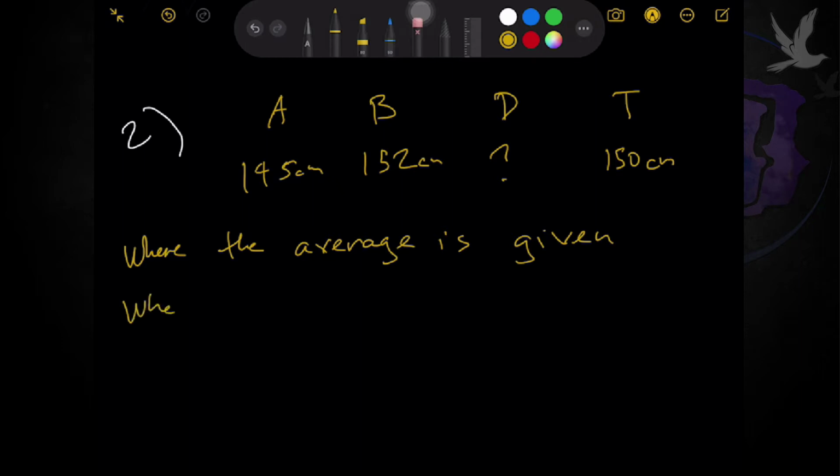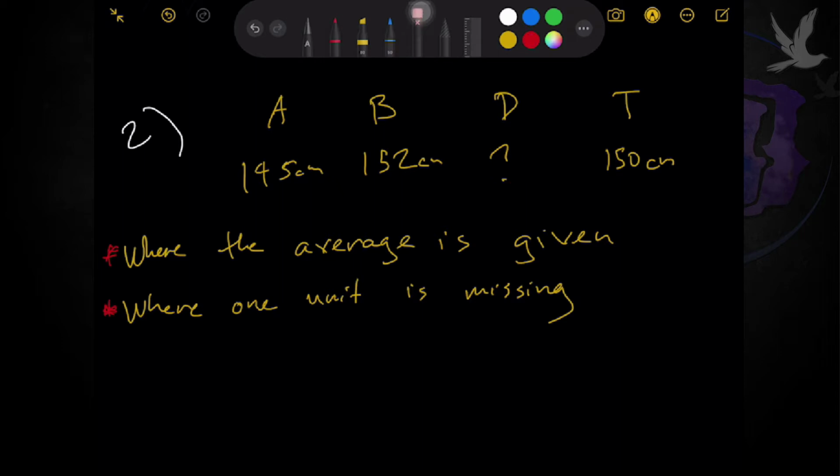And where this is a situation where one unit is missing. Again, these are situations where one unit is missing. So, paano nga ba natin isosolve ito? Actually, it's very easy.